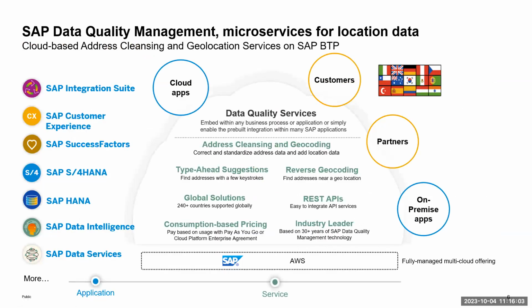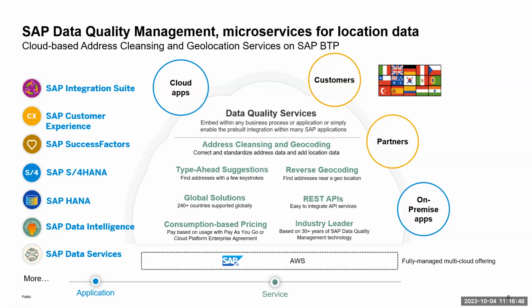So what is the solution? I'm introducing the SAP Data Quality Management Microservices for Location Data, aka Data Quality Services. SAP Data Quality Services is a cloud-based service providing address cleansing, geocoding, and reverse geocoding. It is an SAP-managed cloud offering to lower the TCO in comparison with traditional on-premise solutions, which require address and geocoding reference data updates on a monthly or quarterly basis.